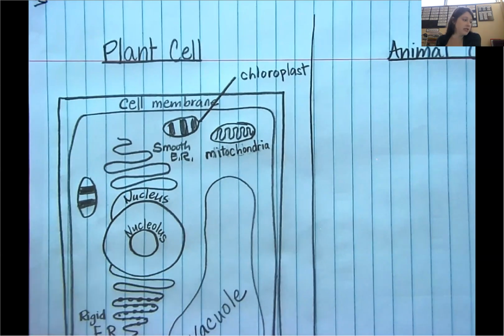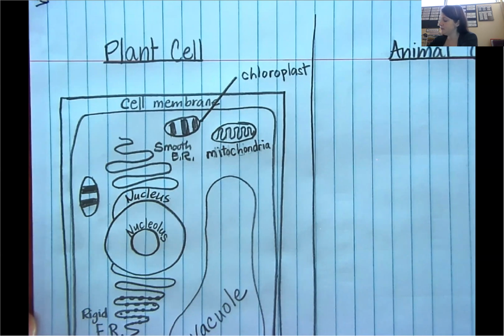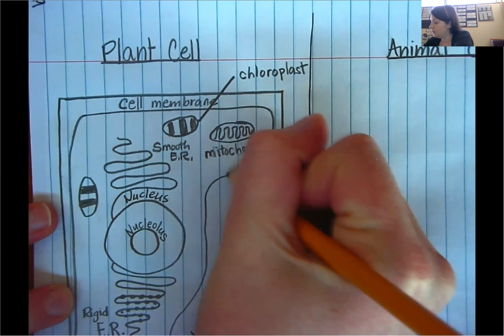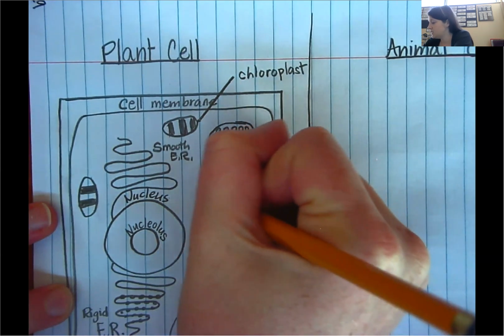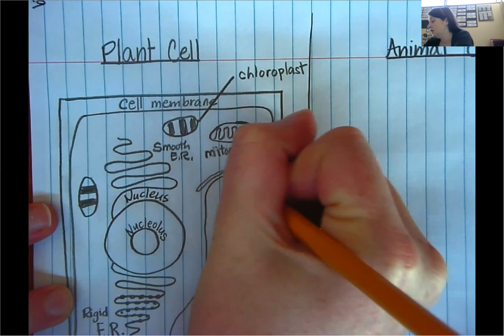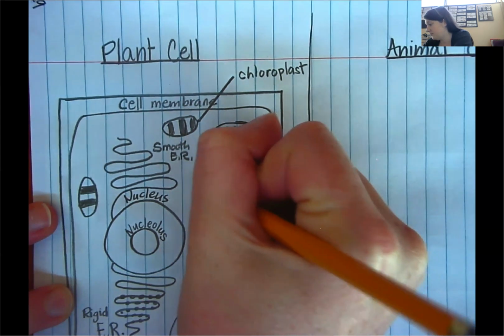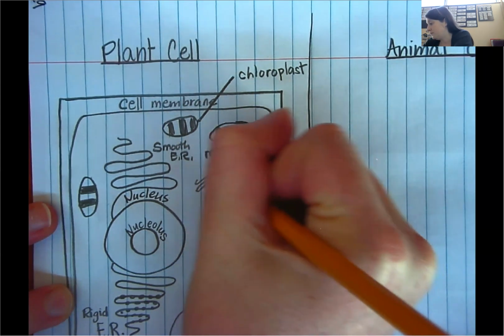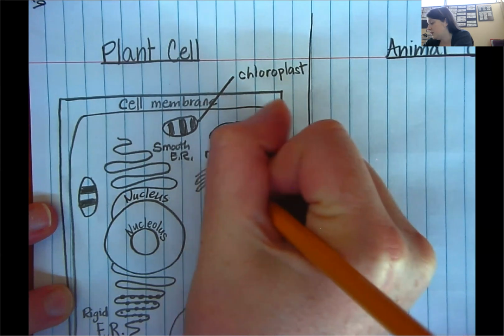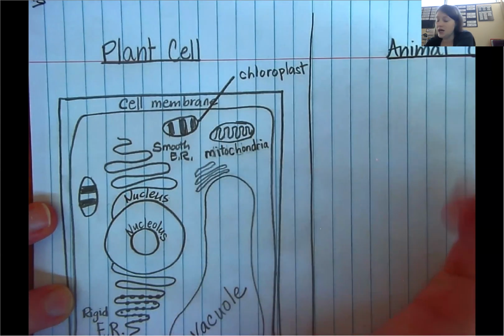The next one is going to be the Golgi bodies. There's multiple, hence bodies, and to me it looks like a Wi-Fi symbol. Okay, kind of like that.